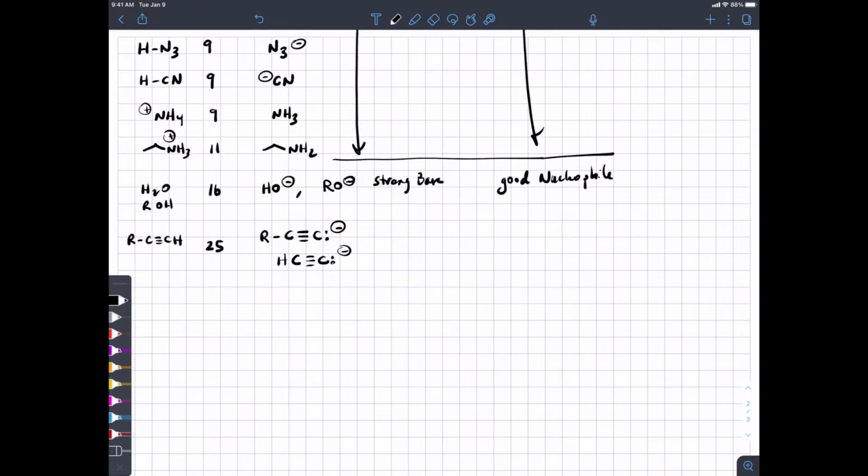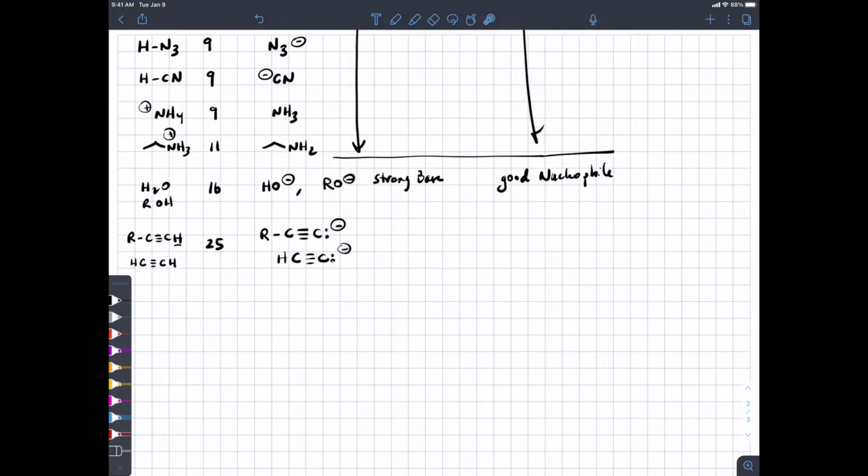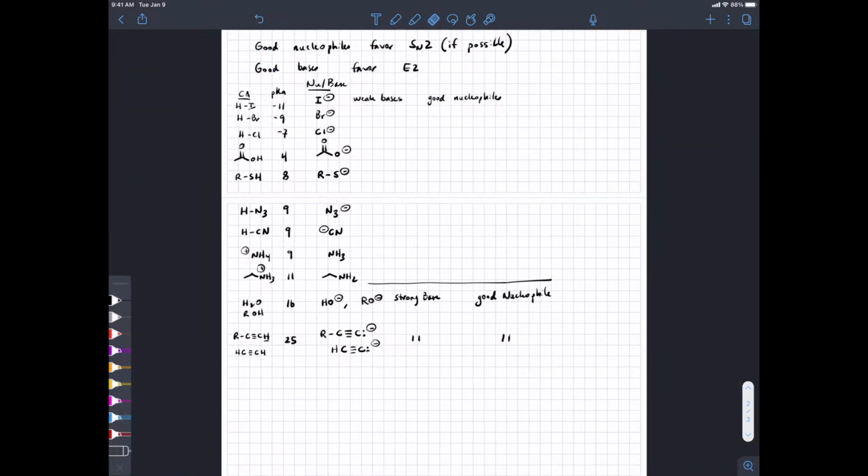The alkyne proton is more acidic than your typical CH bond because the sp hybridized carbon is more electronegative than an sp3 carbon, and so the conjugate base is more stable. These are going to be both strong bases and good nucleophiles.